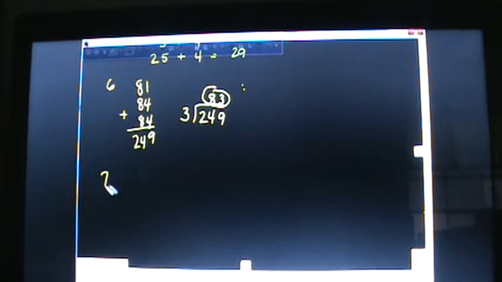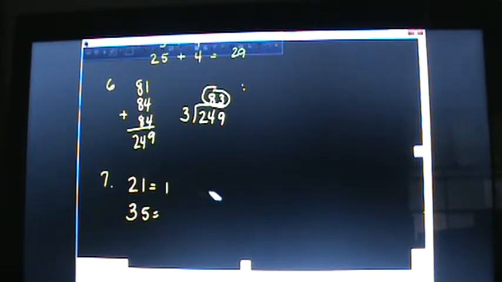Number 7. It says, what is the greatest common factor of 21 and 35? 21 and 35. So we're looking for the GCF, the greatest common factor. Well, let's find out what the factors of 21 are.